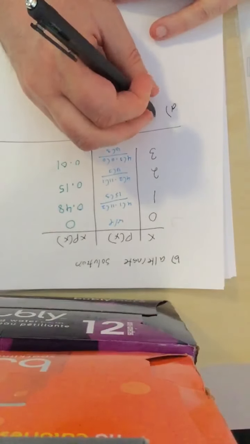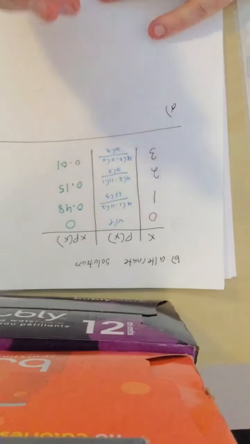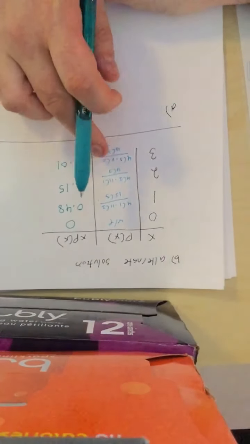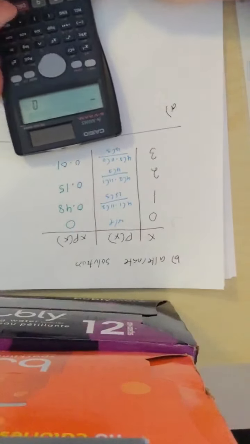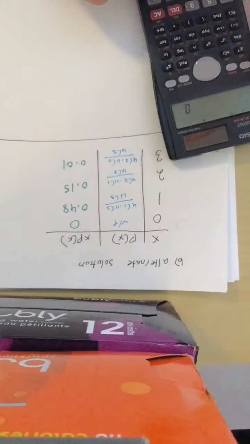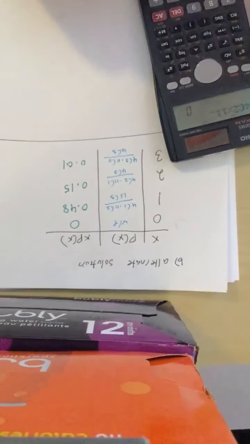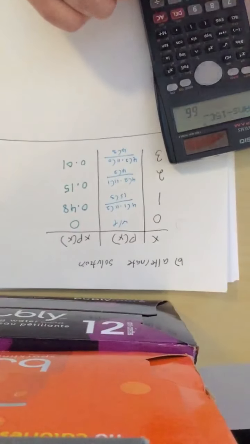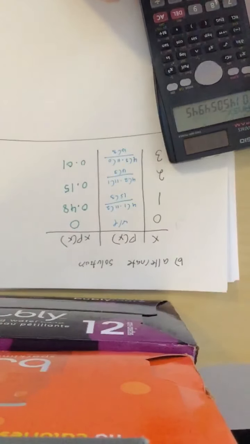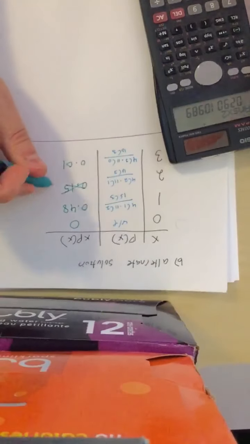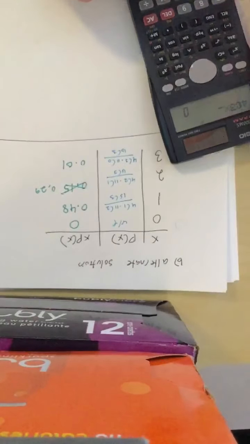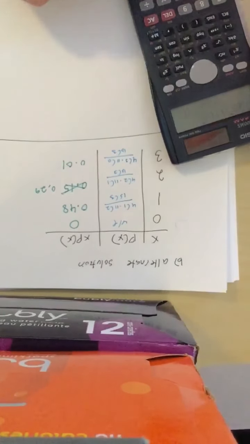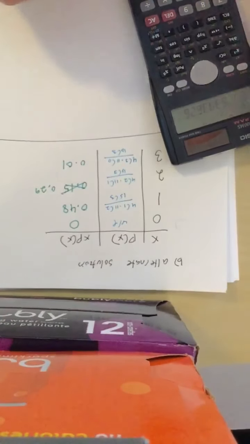So, over here, oh, I know why. Because it's 2 times that. So 4 choose 2 times 11 divided by 15 choose 3, times 2. So that should actually be 0.29. And then 4 choose 3 times 11 choose 0 divided by 15 choose 3, times 3.